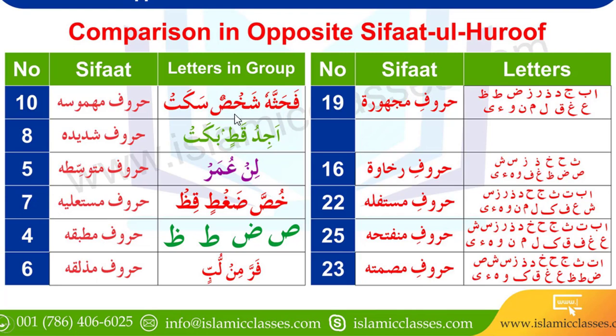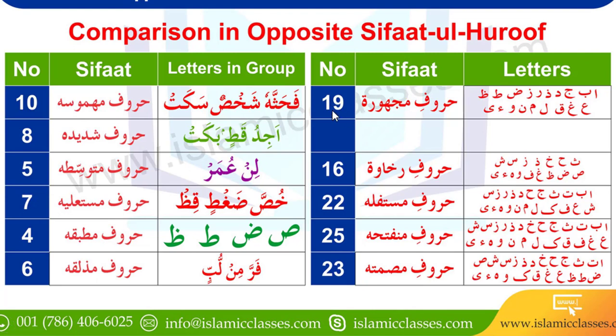If you want to compare the letters, or you want to remember the letters which have the qualities, this image is very good for you to practice and to remember, and you can compare which quality has which letters. So the first, as I told, is hams, فَحَثَّهُ شَخْصٌ سَكَتْ, and the opposite of al-hams is al-jahr, and there are the remaining 19 letters.